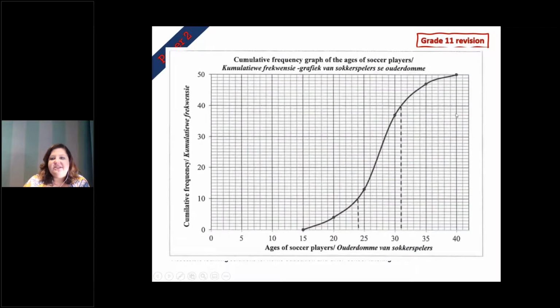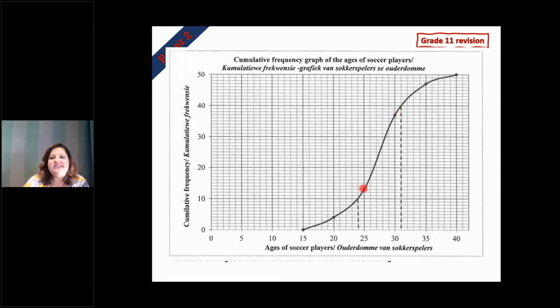If you look at this graph and I look at 24, I will see that there was a total, because it is my cumulative frequency, of 10 players, and at the age of 31, there was a total of 40 players.